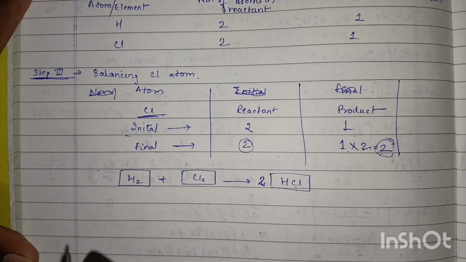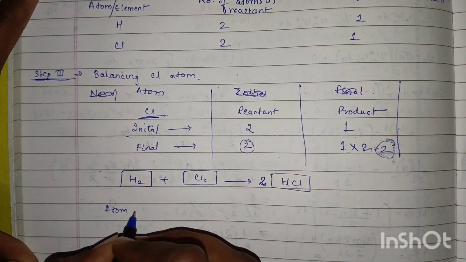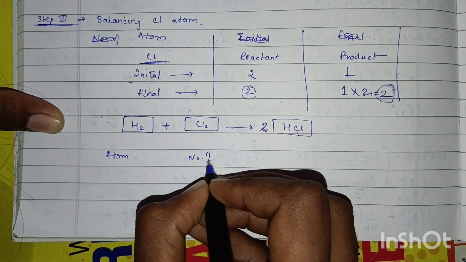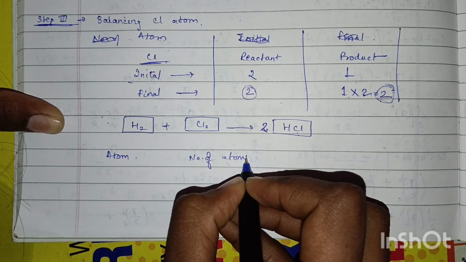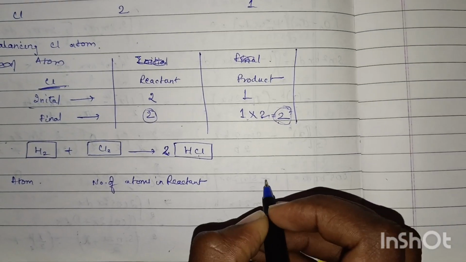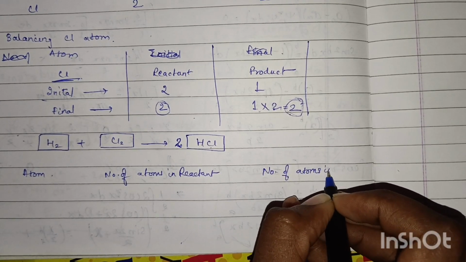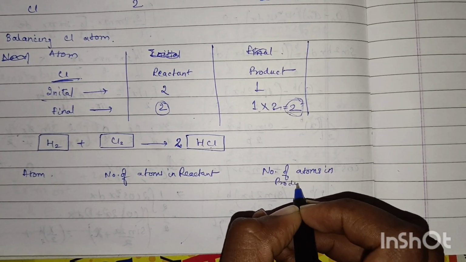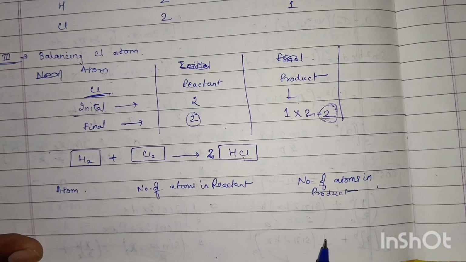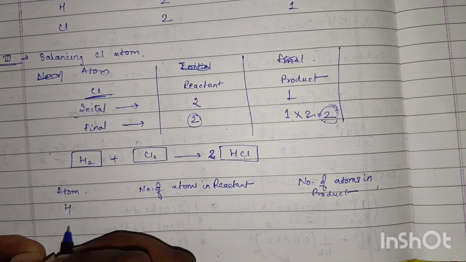Next, again balance the atoms. The number of atoms in the reactant and the number of atoms in the product. The atoms are hydrogen and chlorine.